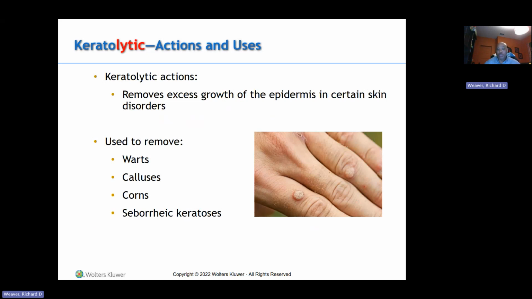In other words, you don't have to get a prescription for it, depending on the strength, in order to remove warts on the hands and feet. So sometimes people may want to self-treat, and so they can be ordered over the counter, if you will. It just depends on the strength of the medication.